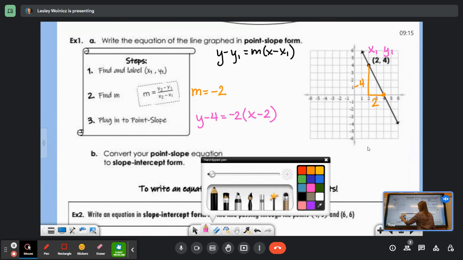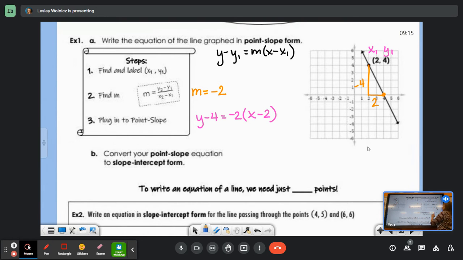Part B says that I have to convert that into slope-intercept form. That's what we did yesterday. Slope-intercept form looks like y equals mx plus b with no parentheses and the y by itself. So first we have to get rid of parentheses and distribute our negative 2. Y minus 4 equals negative 2x.